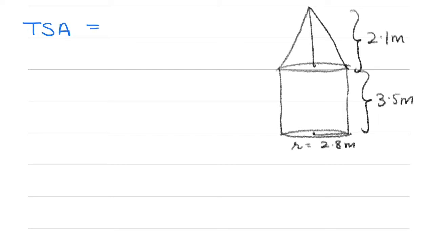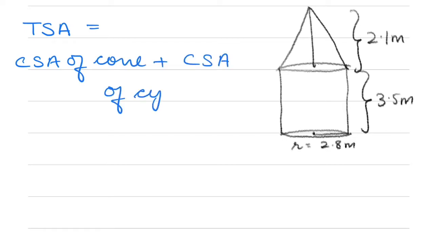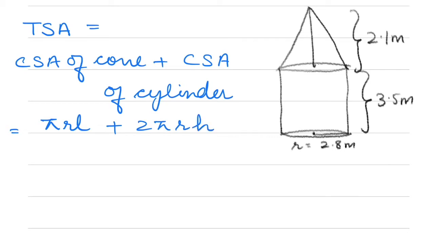So this is equal to curved surface area of cone plus curved surface area of cylinder. Let's write down the formulae. So we have curved surface area of cone is pi RL, and for cylinder is 2 pi RH. So let's find out the value of L. L is equal to square root of R square plus H square.